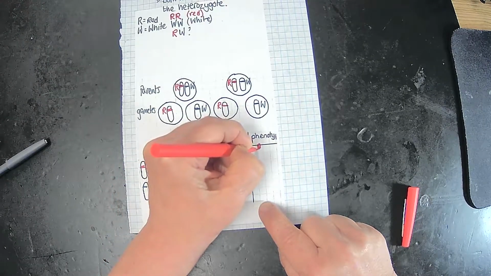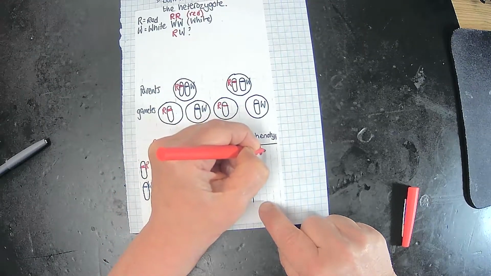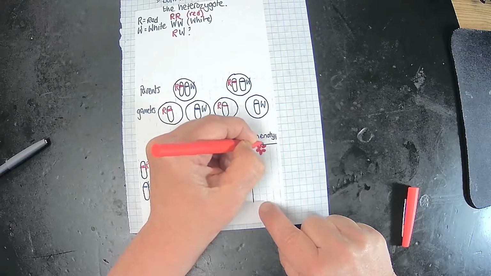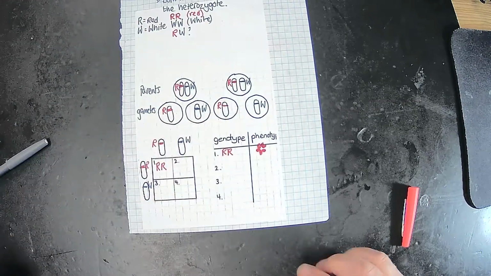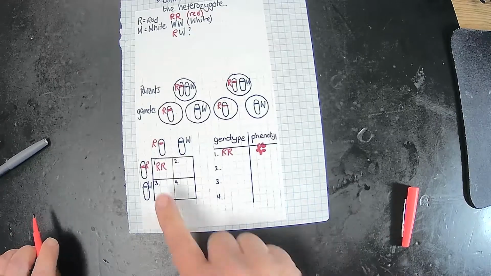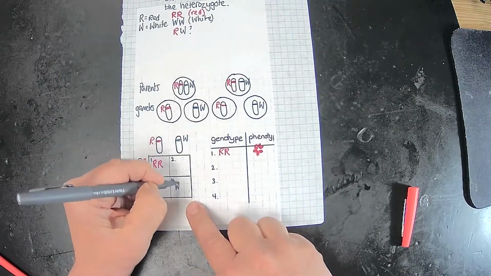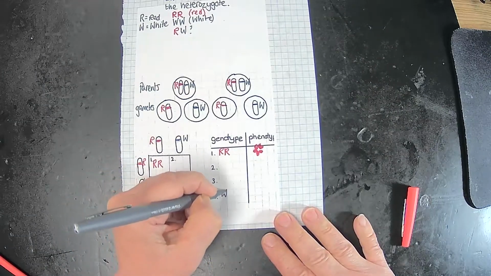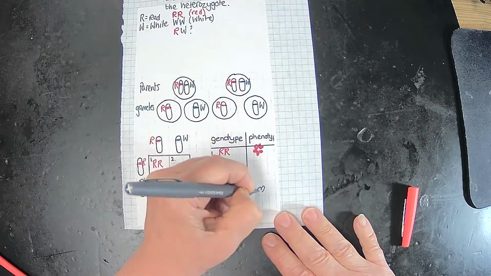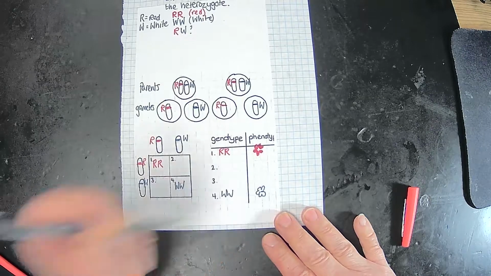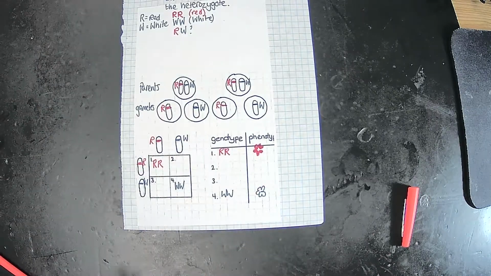What does the flower look like? Its phenotype is going to be red, okay? All right, let's look at box number 4, big W, big W. What's its phenotype? It's going to have white flowers.